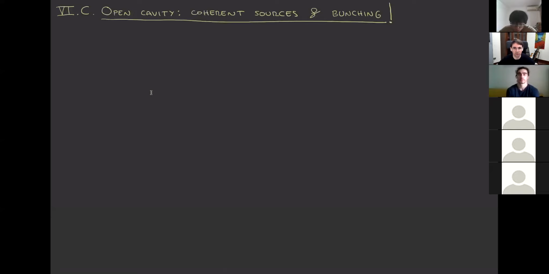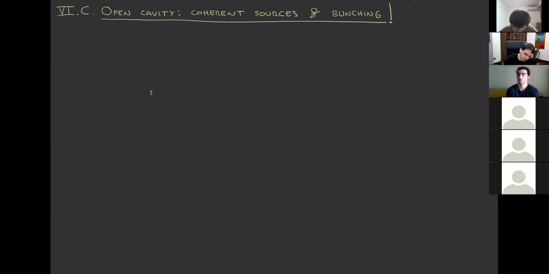Okay, so if there are no questions about these general things of definitions and interpretations, then maybe I can go directly to the first example, which is the example of the open cavity, and how the radiation that comes out of the open cavity behaves.